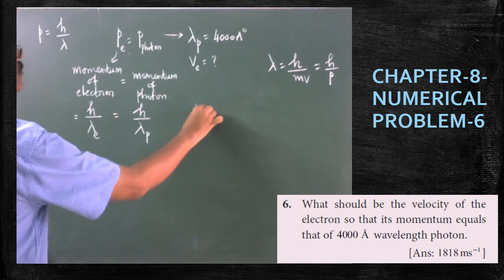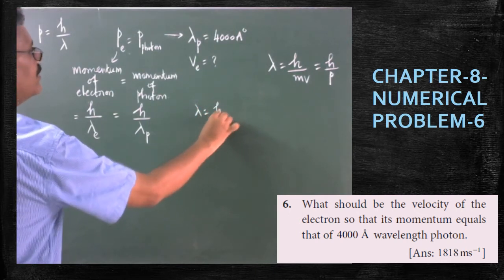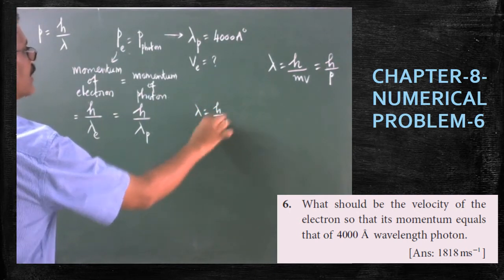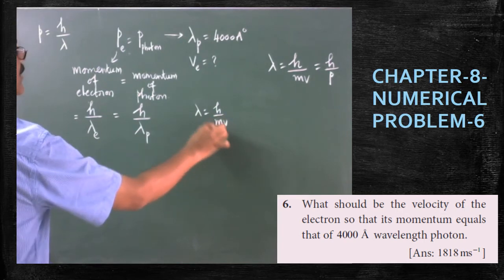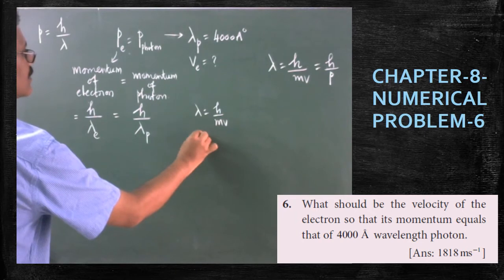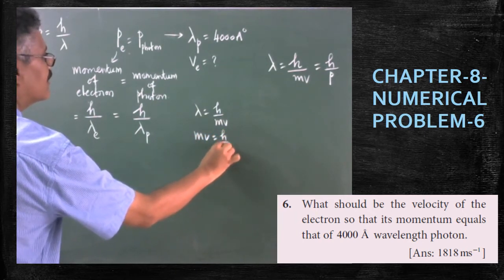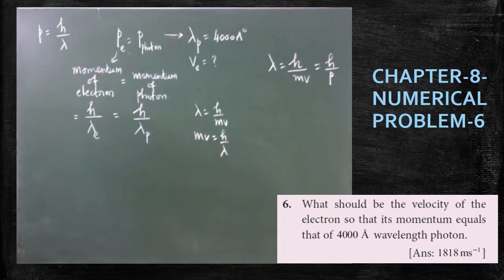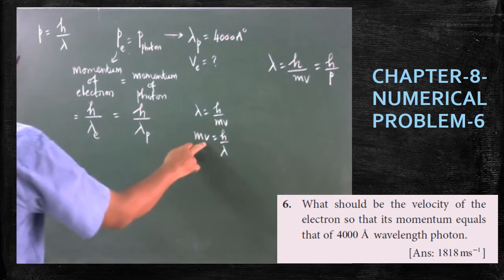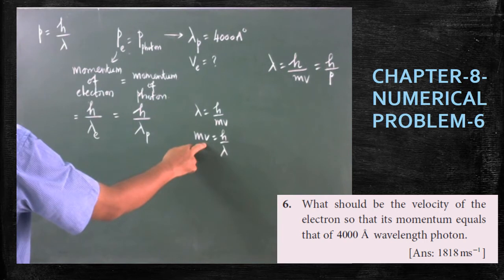Lambda is equal to h by mv, where mv is nothing but the momentum part, so it can be brought over: mv is equal to h by lambda. Are you clear? So what is required here? Velocity is required.